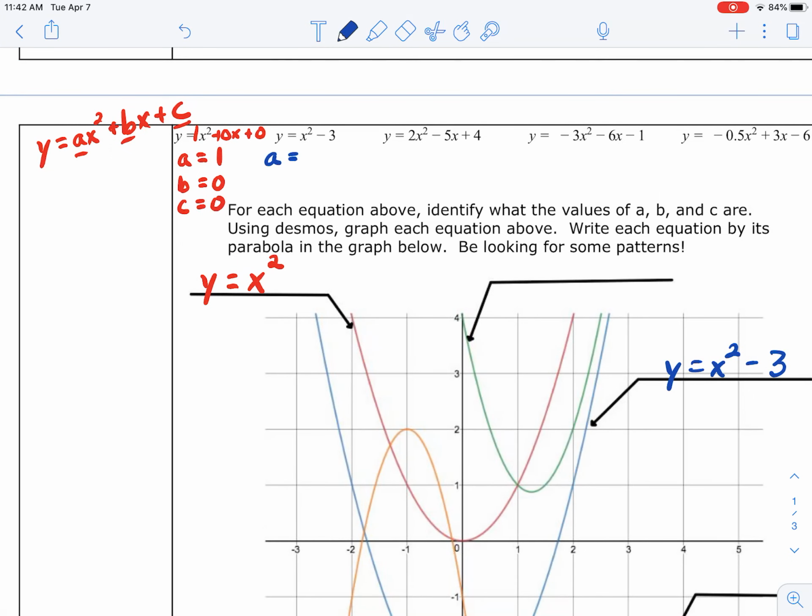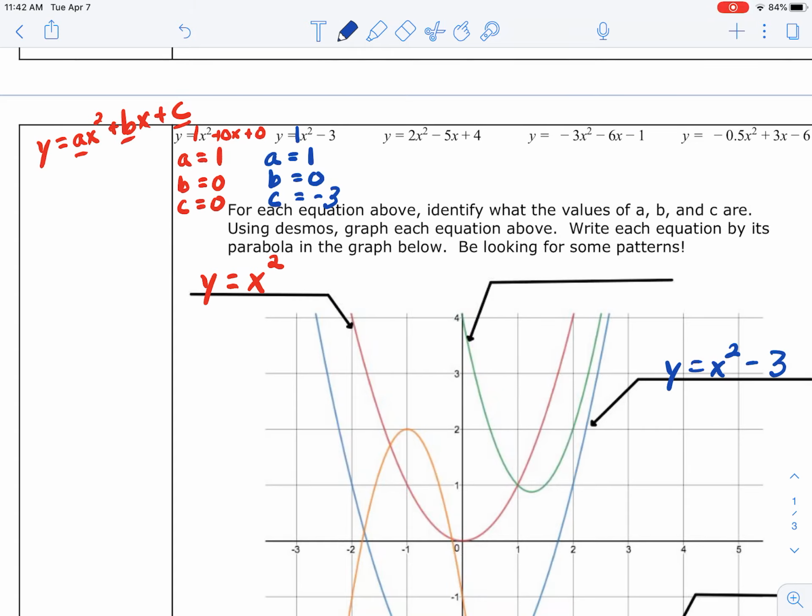And that one had an a value of 1. Remember, there's really a 1 in front of that x squared. If it was a 0, it wouldn't be there at all. So we have a 1x squared. There is no b value. In other words, there's no x term. But that c term is negative 3. That subtraction sign becomes a negative in that case. So negative 3.